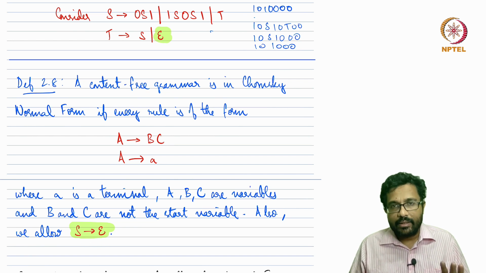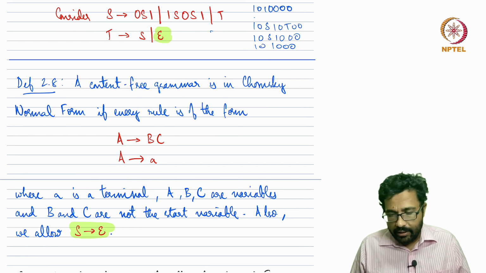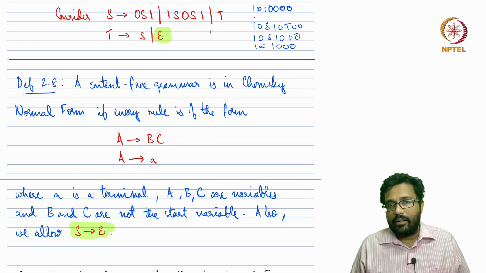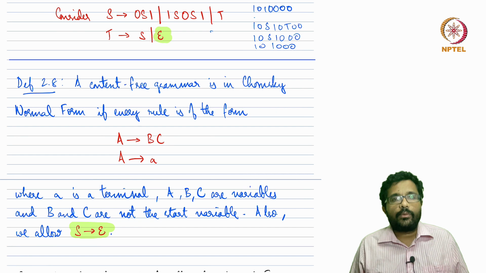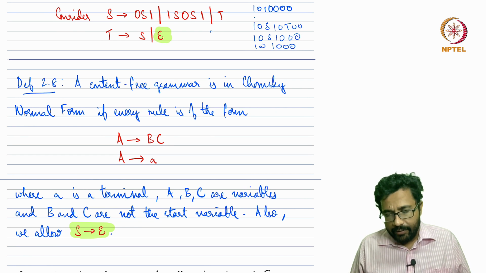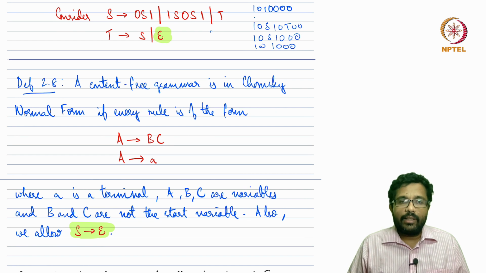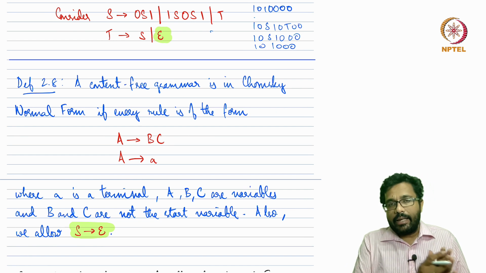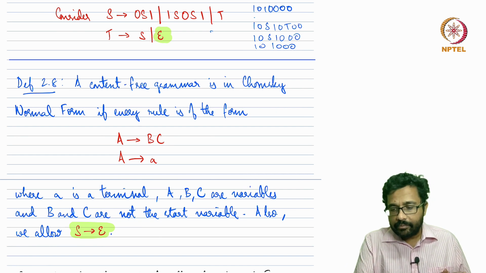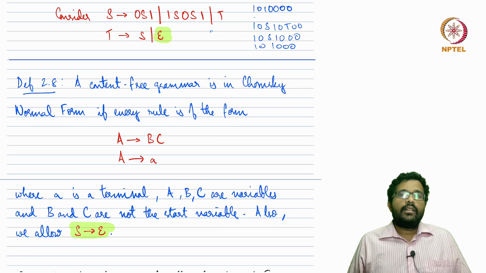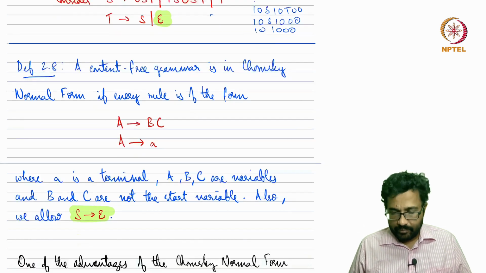So this is the structure: A gives BC, A gives small a, where A is a variable, B and C are variables which are not the start variable, and if needed we allow start gives empty string. We do not allow another variable giving empty string. If the entire context free grammar consists of only rules of this type, we say that the context free grammar is in the Chomsky normal form.